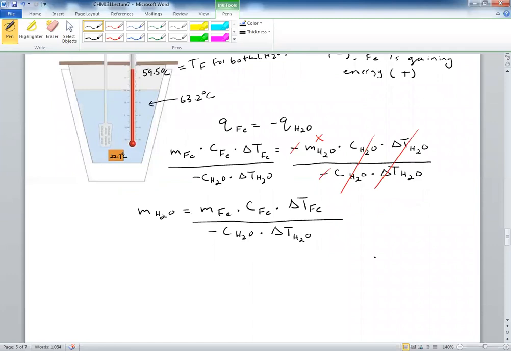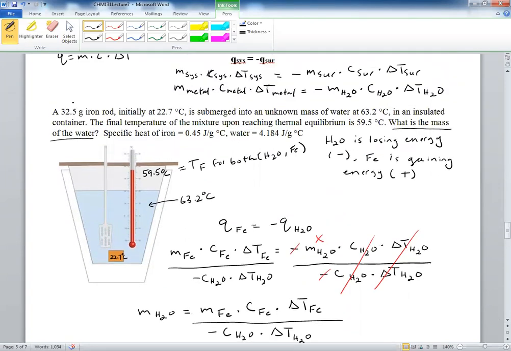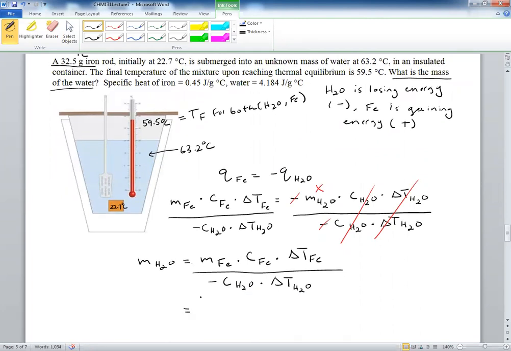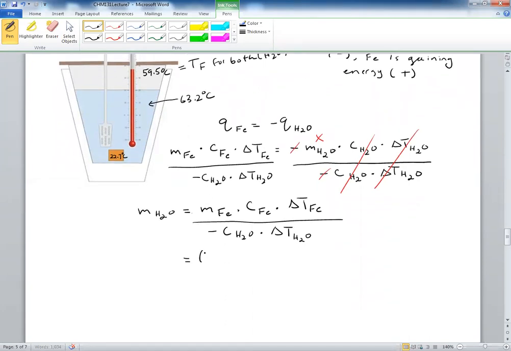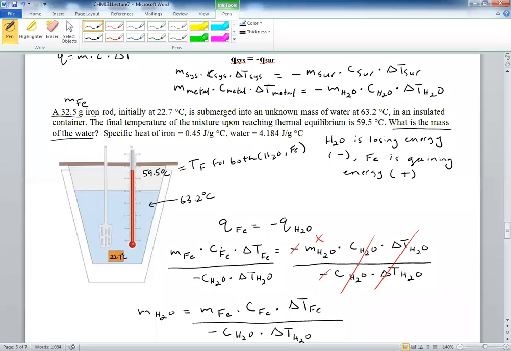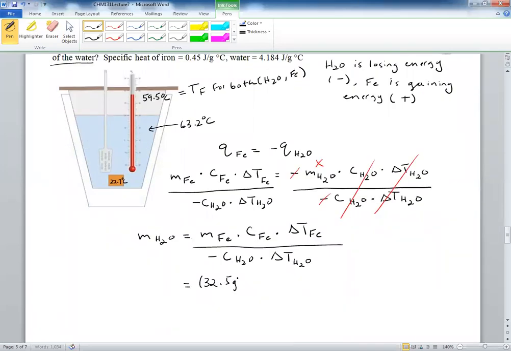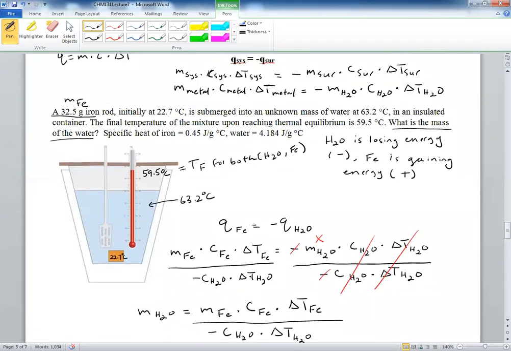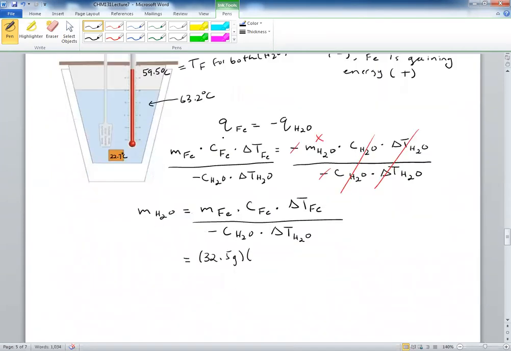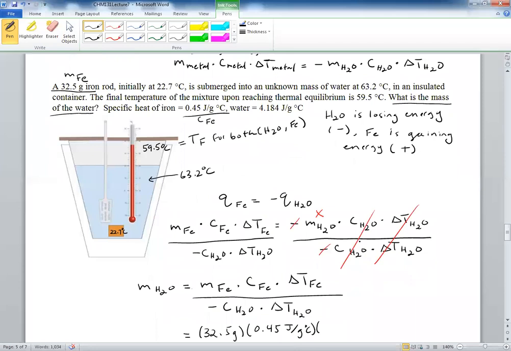And now you plug in. Do we know the mass of iron? Yes, it's right here: 32.5 grams. Do we know the specific heat of iron? Yes, 0.45 joules per gram Celsius. Do we know the temperature change of iron? Yes.